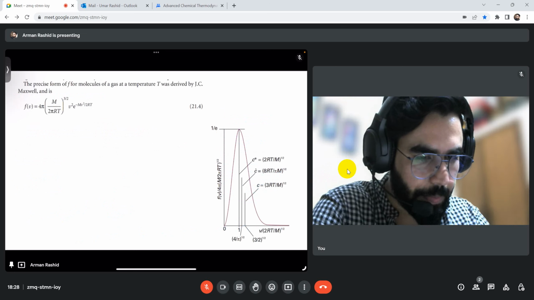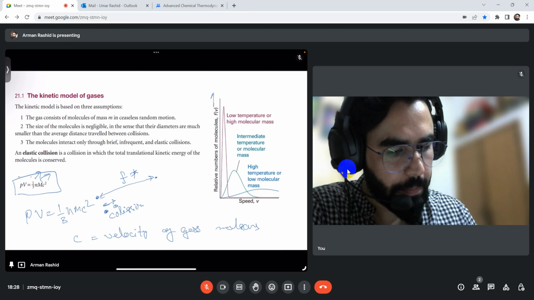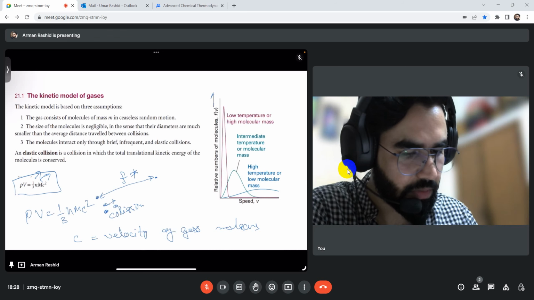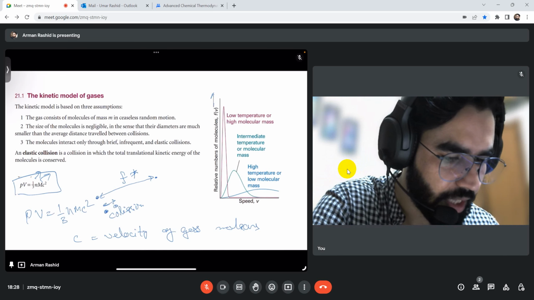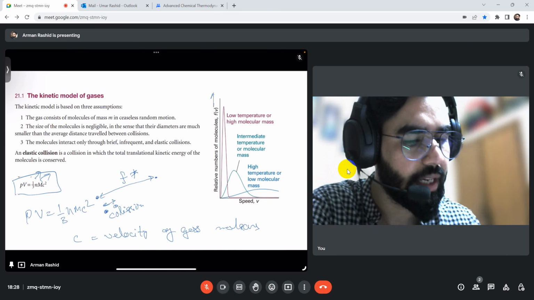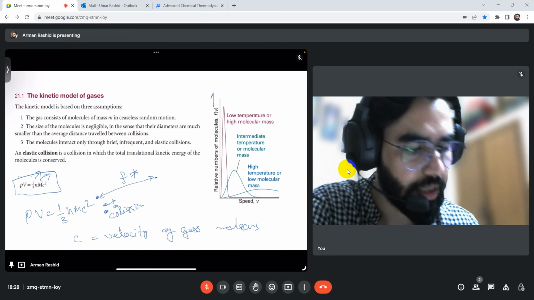This is the function of relative motion of the molecules against molecular speeds. At low temperature, the molecular speeds are very low, and there is an almost negligible number of molecules with higher speeds. But once we go on increasing the temperature, the average number of molecules with higher speeds increases.